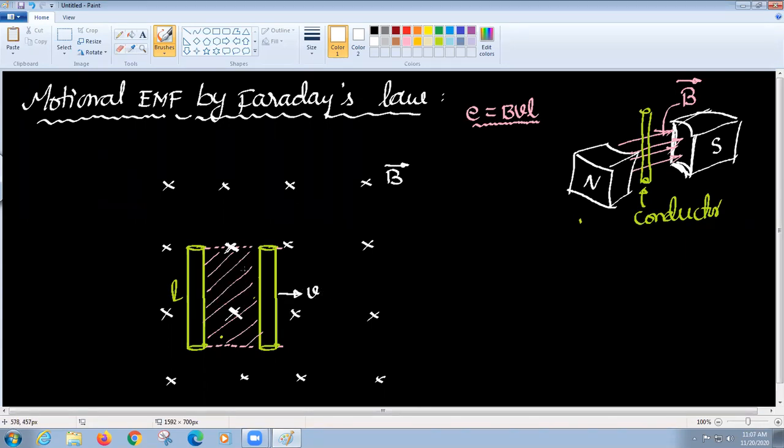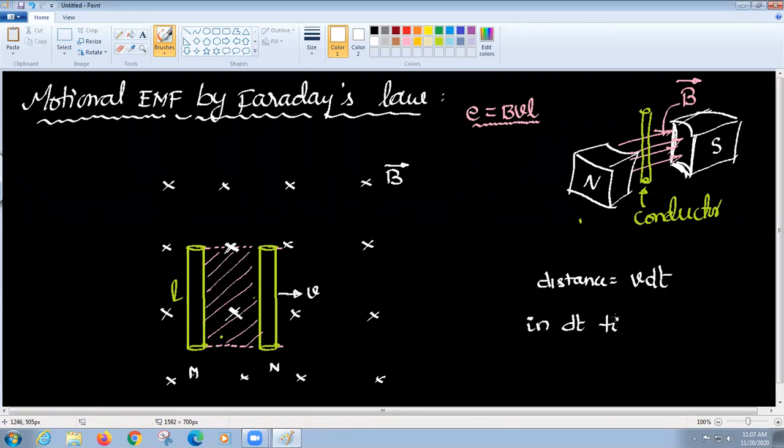Say the conductor is at position m, and this is position n. From position m to n, the conductor is moving by sweeping this area. Can I say he is moving this distance v dt?